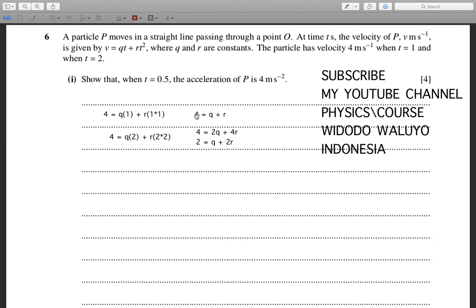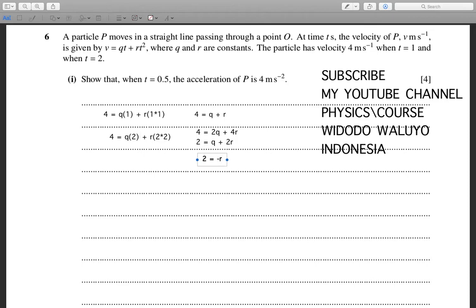So we have 4 equals q plus r, and then 2 equals q plus 2r. If we eliminate, 4 minus 2 equals 2, q minus q equals 0, and r minus 2r equals minus r.